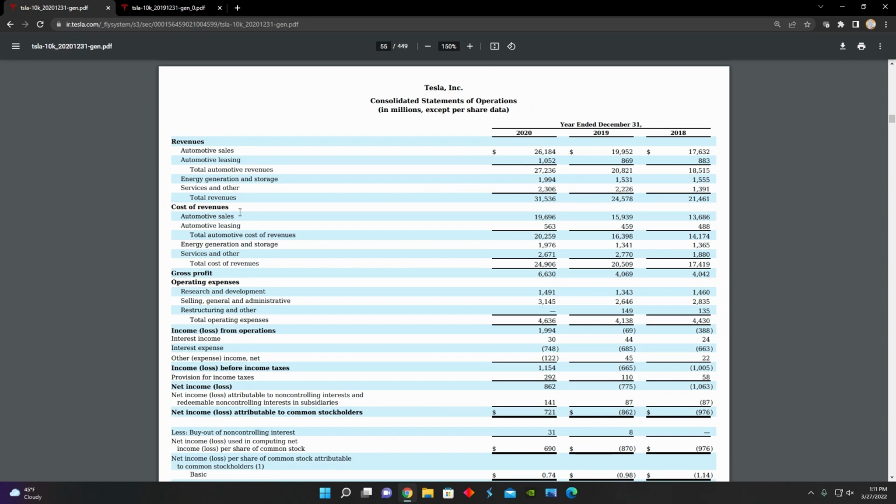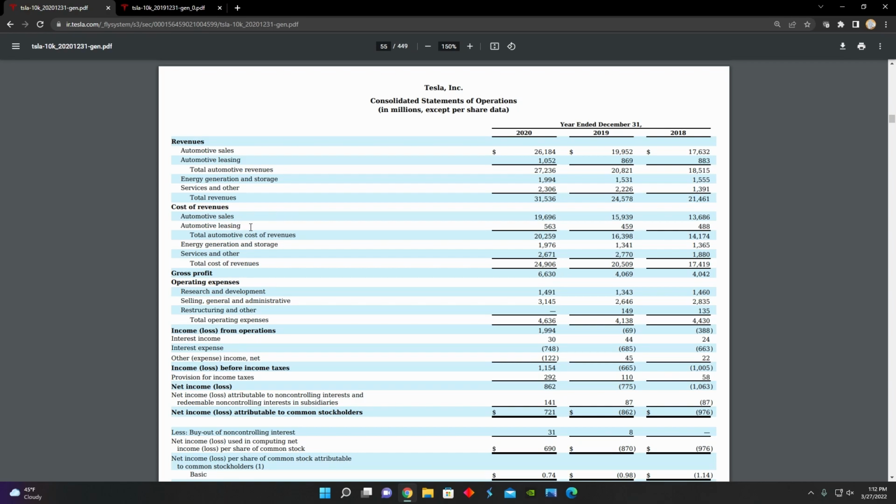Then cost of revenues is basically just the total of all costs that are incurred directly in producing, marketing, and distributing the products and services that a company provides to their customers. And remember, like I said before, with the accrual-based accounting method, the revenues and the expenses are recorded when they are billed, not necessarily when they're paid.